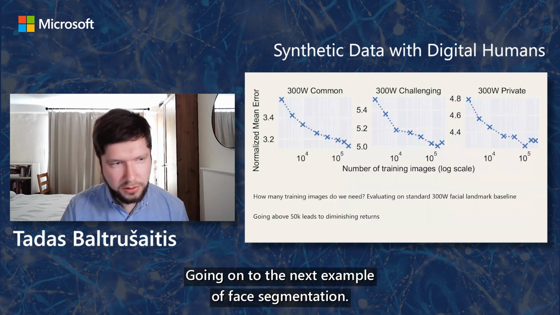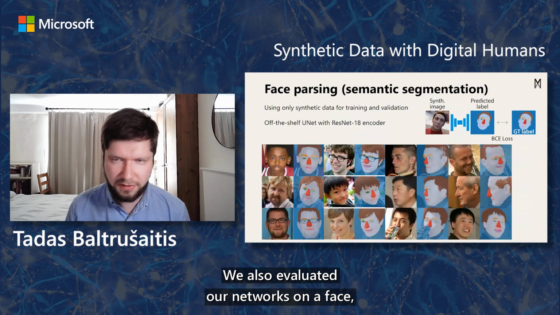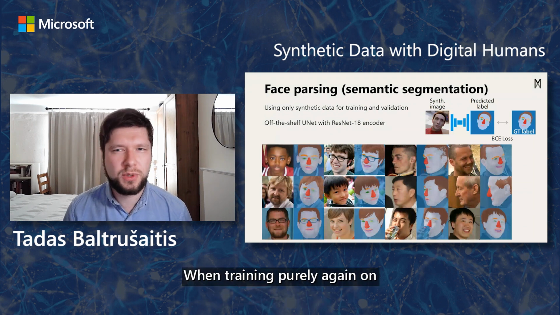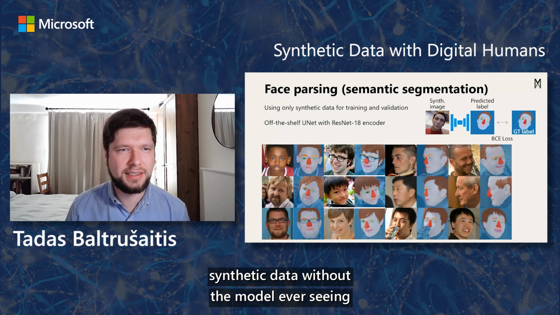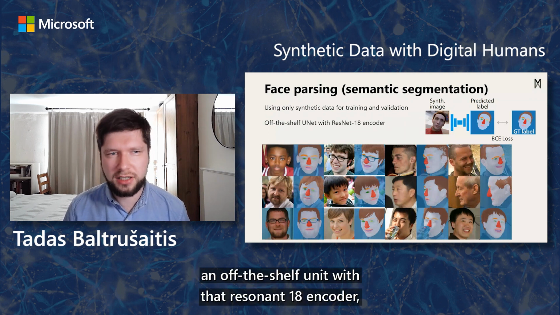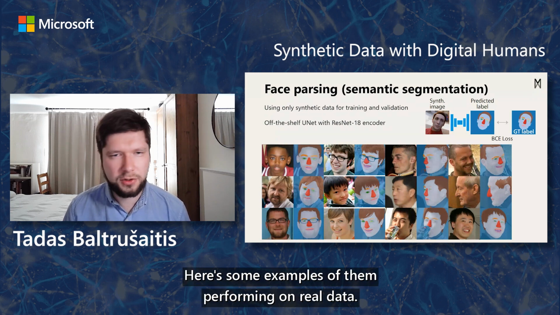Going on to the next example of face segmentation. We also evaluated our networks on a face task, sometimes called face parsing. When training purely on synthetic data, without the model ever seeing a real image, and using an off-the-shelf UNet with a ResNet 18 encoder, we are able to train face segmentation networks. And here are some examples of them performing on real data.